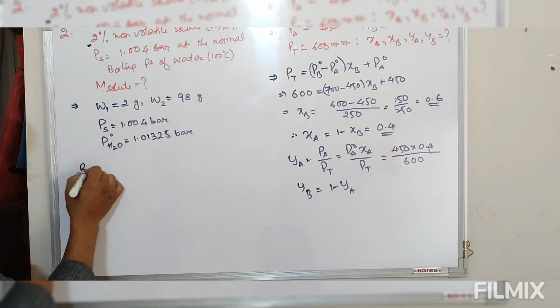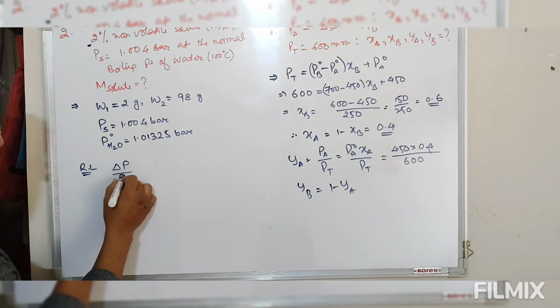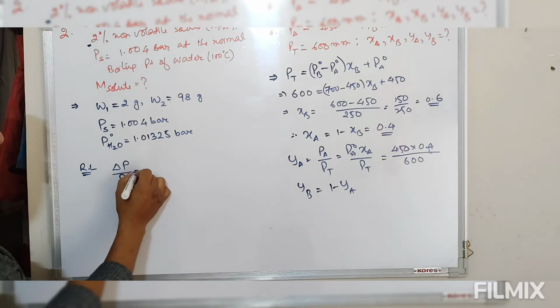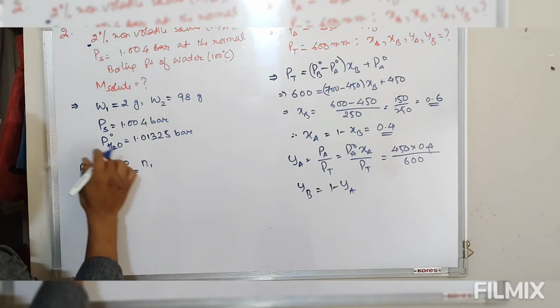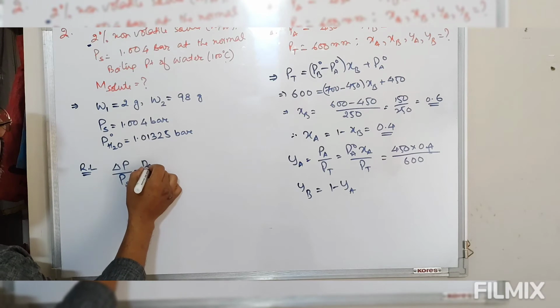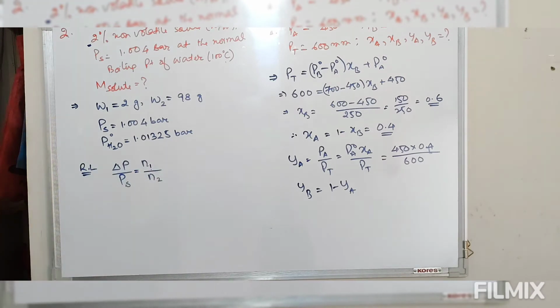According to Raoult's law, we have delta P by PS equal to N2 divided by N1.